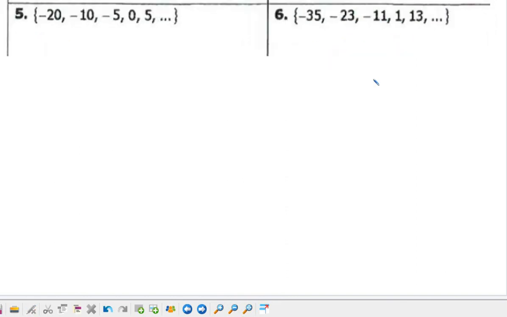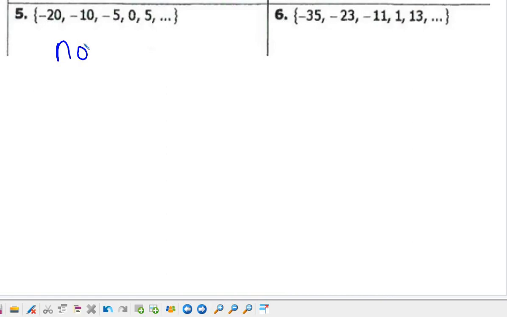Number 5. So plus 10, but not plus 10. So this is a no. Now there may be a pattern, but to be arithmetic, it has to be a specific pattern. So plus or minus a constant number.